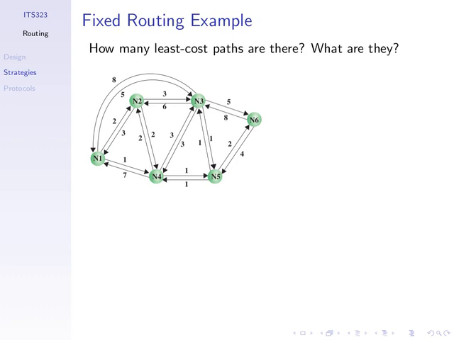There are 6 nodes. We need a path from N1 to N2, so there should be a least cost path from N1 to N2. We need a path from N1 to N3, N1 to N4, N5, N1 to N6.